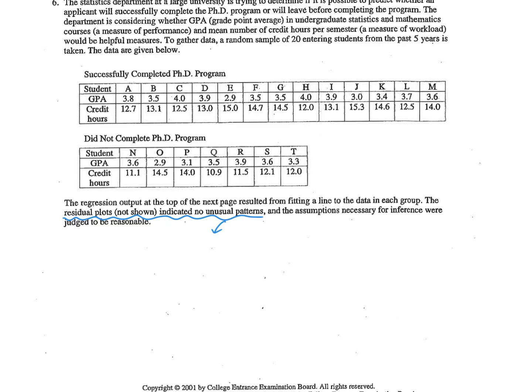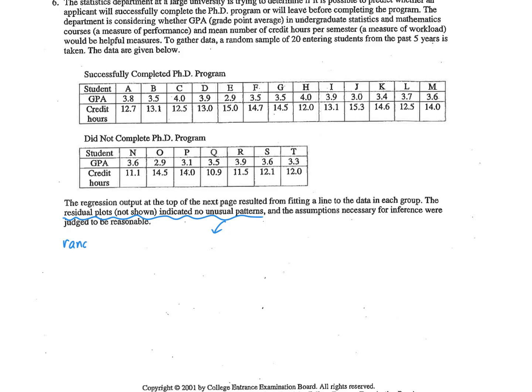Kanan? I was going to say it's students. Okay. And Kushi, what were you going to say? Correlation. What about correlation? Like if it's scattered. If our residual plot is scattered, what does that mean? There's a linear relationship. Okay.